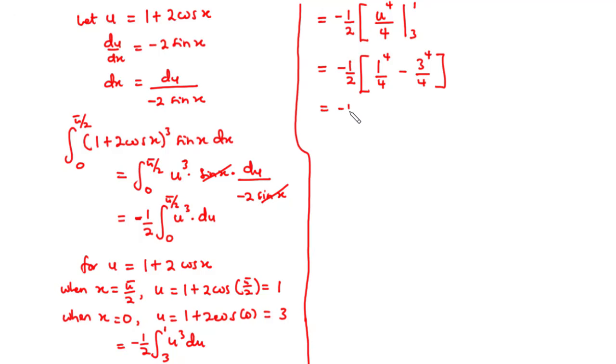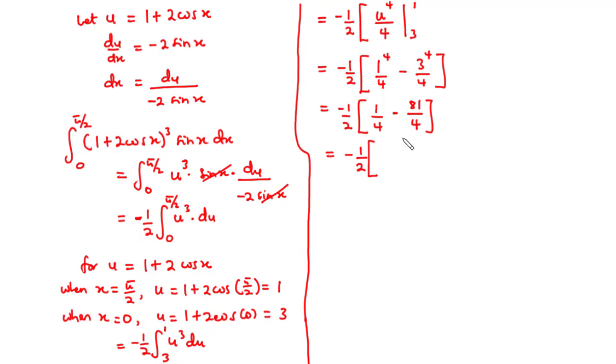So this is equal to negative 1 over 2 times, 1 to the power 4 is 1, so we have 1 over 4 minus 3 to the power 4 is 81, so 81 divided by 4. Now because we have the same denominator, we simply subtract the numerators.